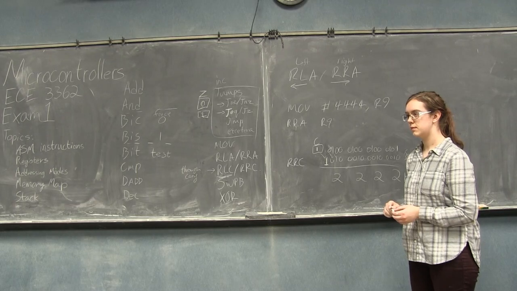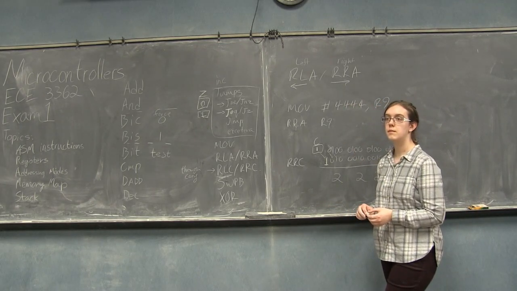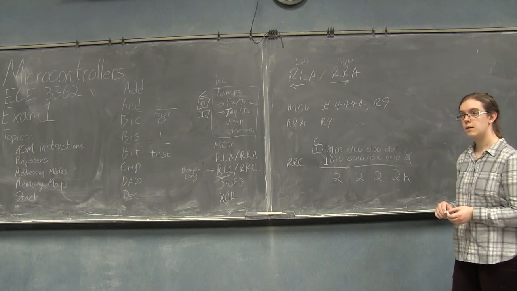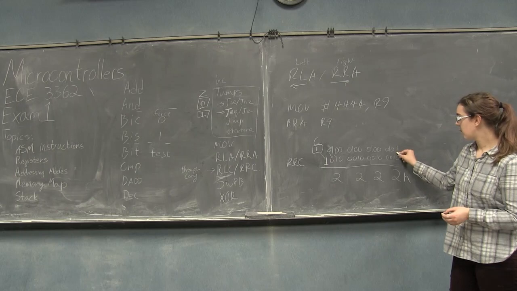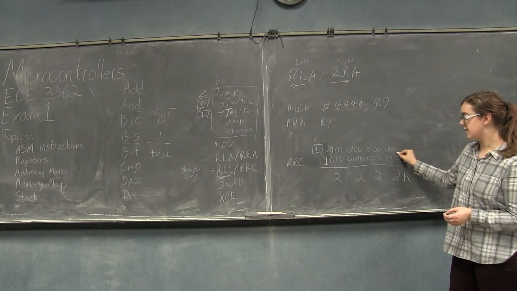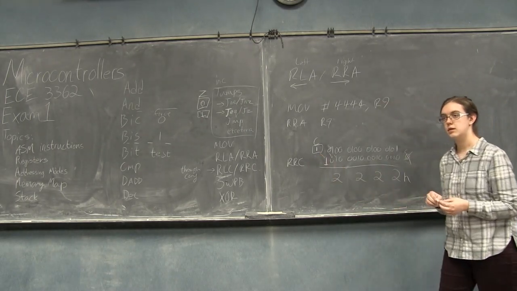Okay. So does that move the last one, that one that you have there, into carry? Into carry? Yeah. I don't think it does. I think carry only acts as a most significant bit in this case. Okay.